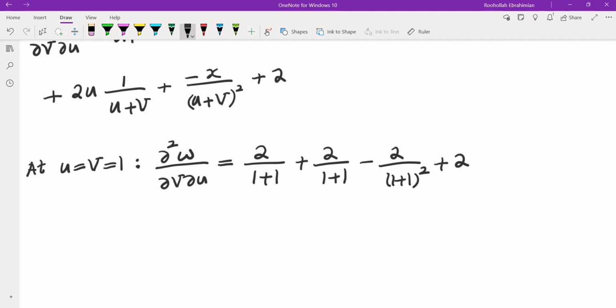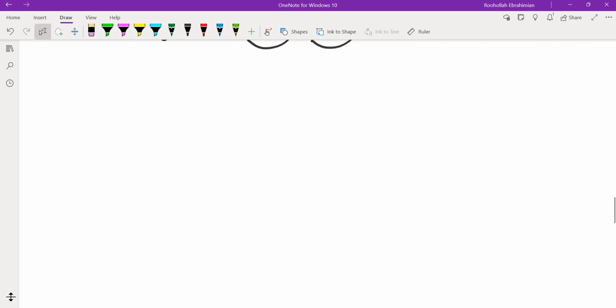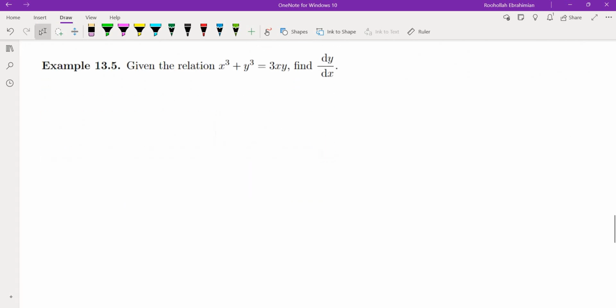And then we can simplify this. This is going to be 1 plus 1 plus 2, that's 4, minus 1 half. So that is 7 over 2. So that's the second partial of w with respect to v, at u equals v equals 1.